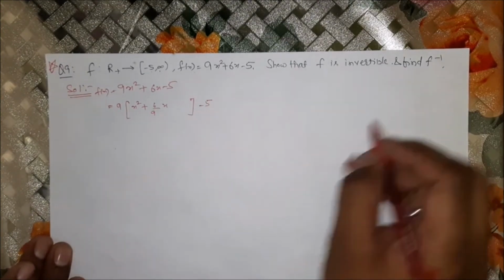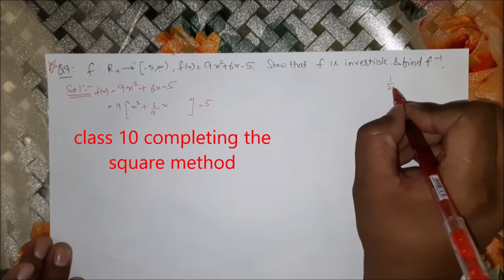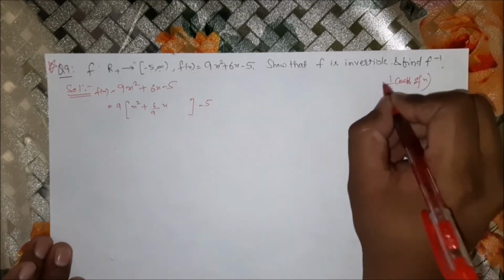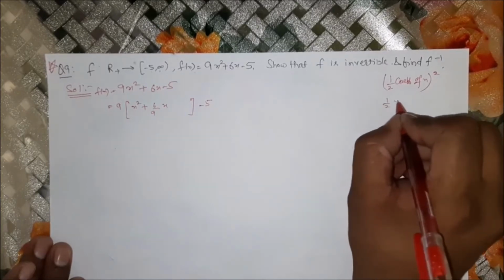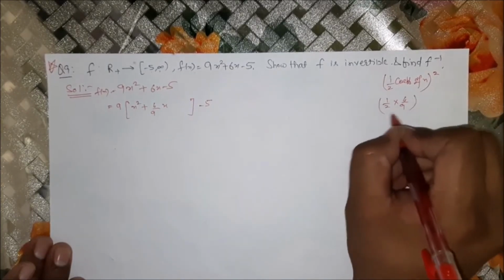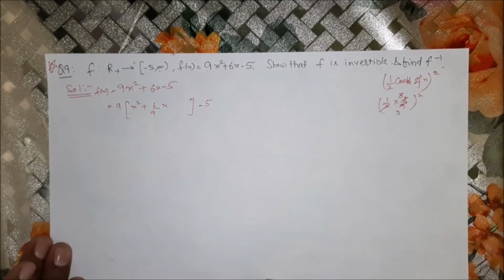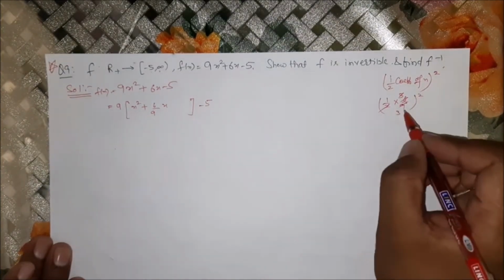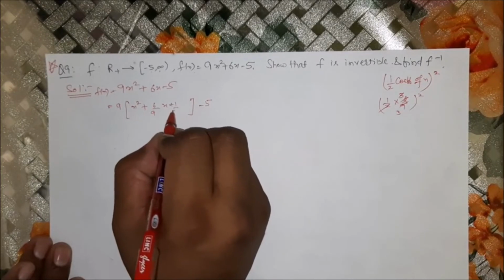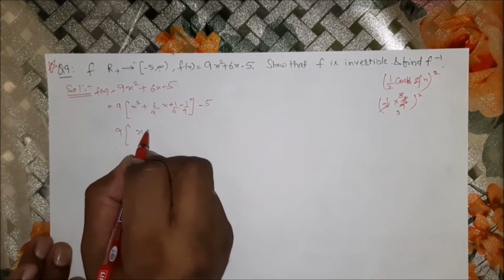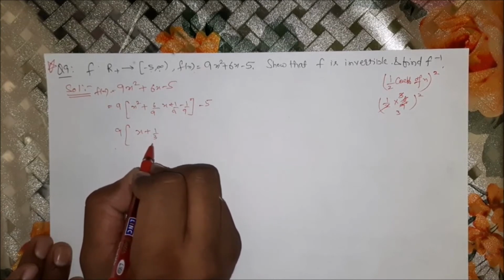Now if you remember, we used to add and subtract half the coefficient of x, its whole square. So the coefficient of x here is 6 by 9, its half you will get 1 by 3. So 1 by 3 square is 1 by 9. Add and subtract 1 by 9, you will get x plus 1 by 3 whole square minus 1 by 9 minus 5.